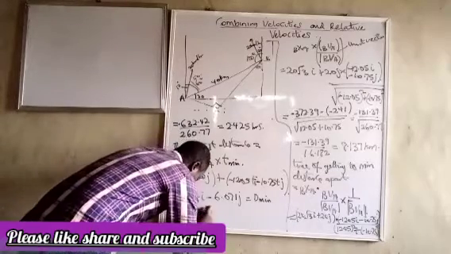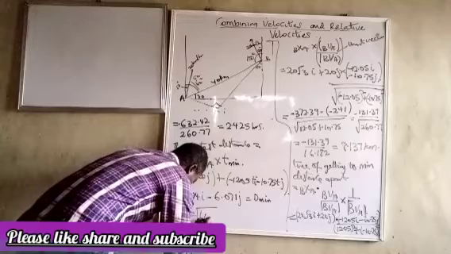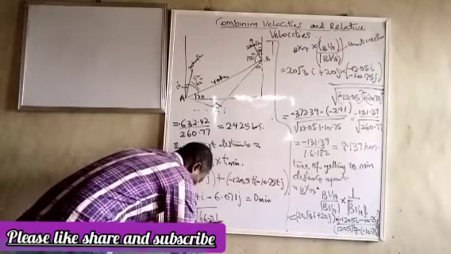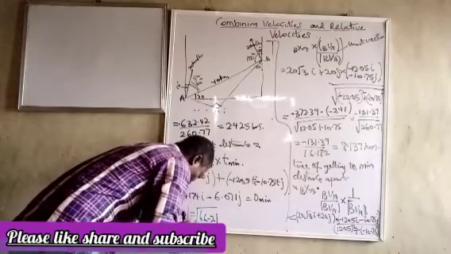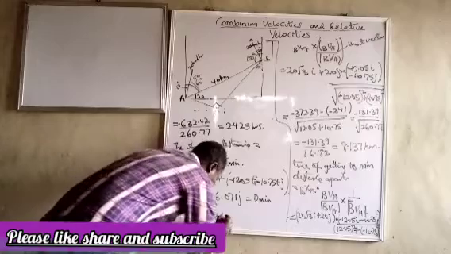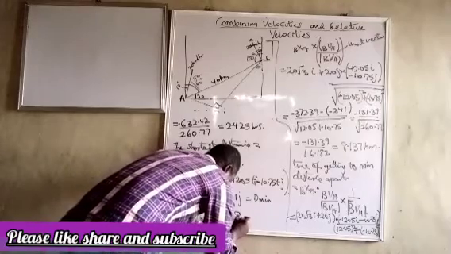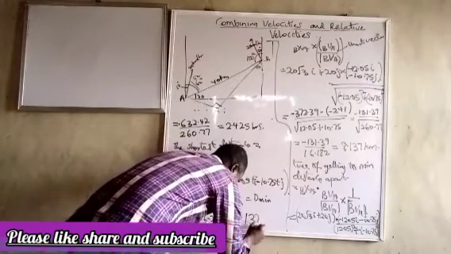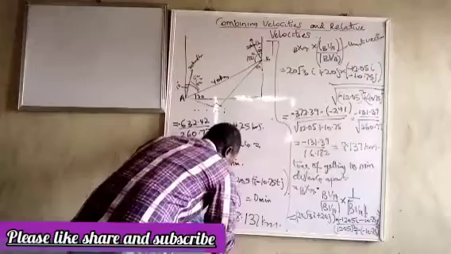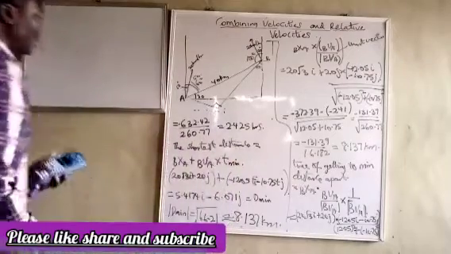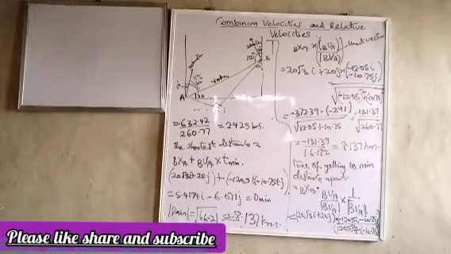It's the root of 66.21, so that gives me 8.137 approximately. So you can see we can use either way.